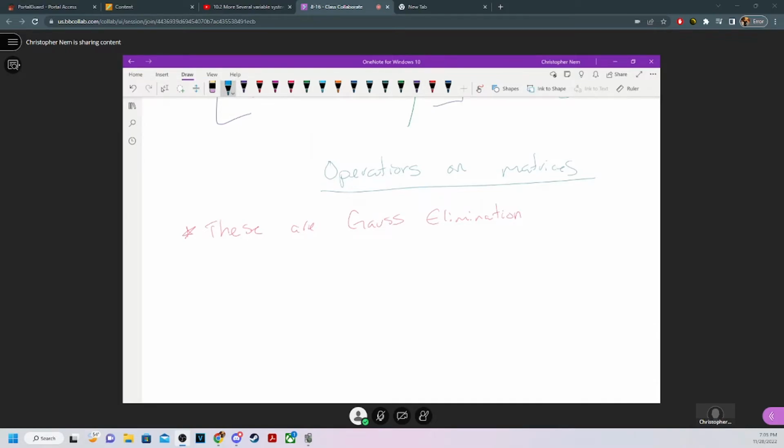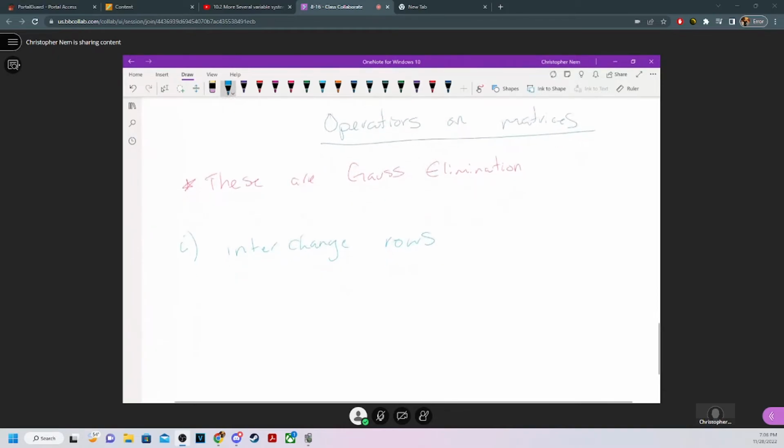So if I want to do all the operations that are possible, I can interchange rows. This is why I've kept calling them rows instead of equations, because I look at them as matrices. I can also add a non-zero multiple of one row to another row.